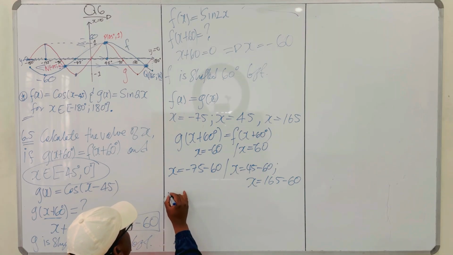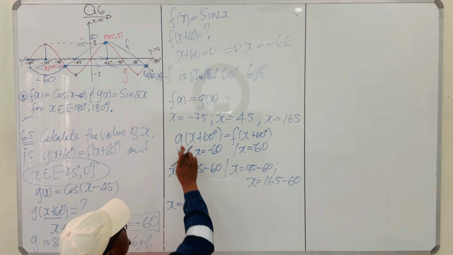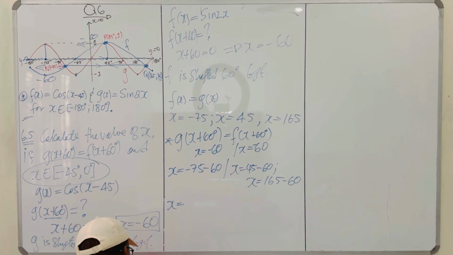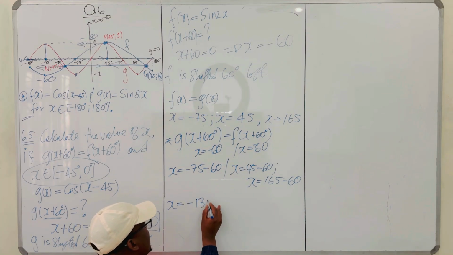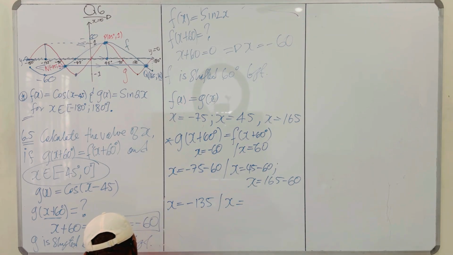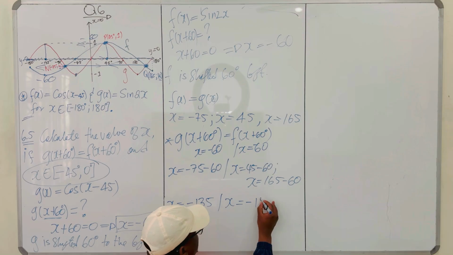So what do we get? The first x value of the points of intersection will be at minus 75, minus 60, so it will be at minus 135. The second one will be at 45, minus 60 degrees, which is equal to minus 15.